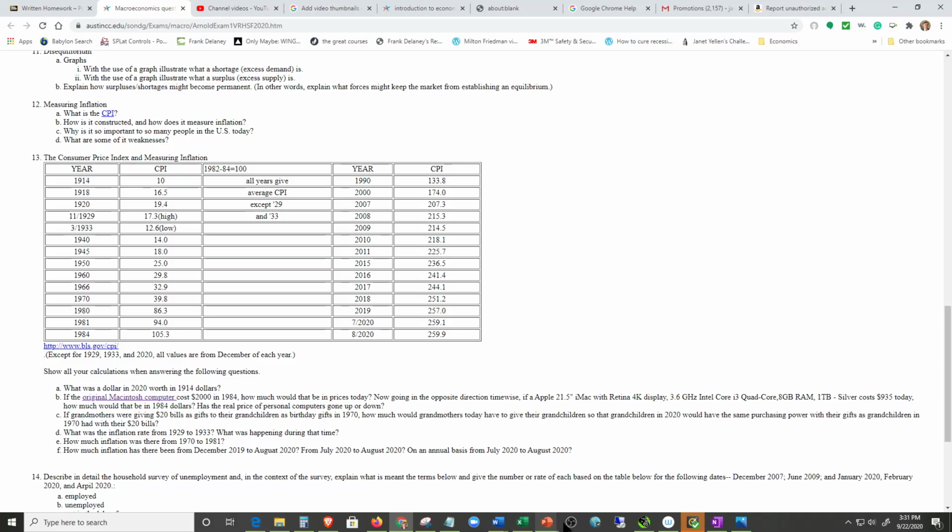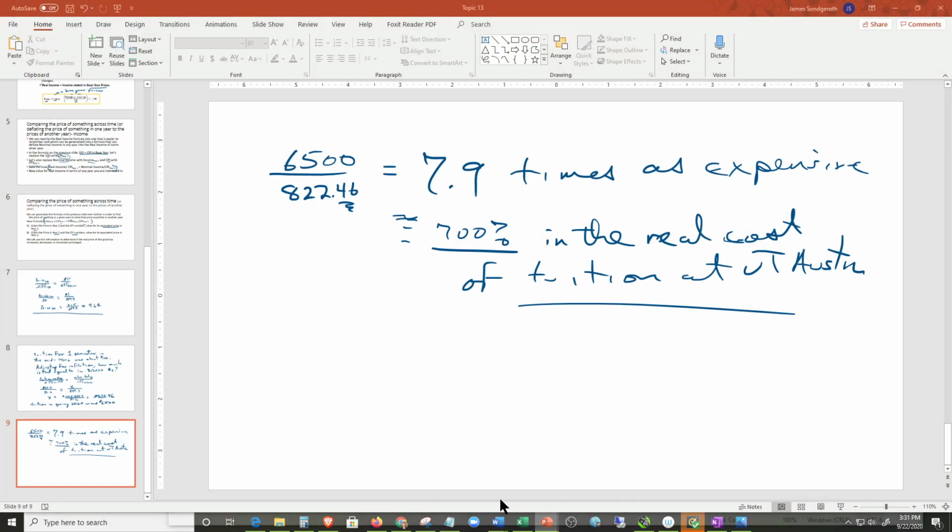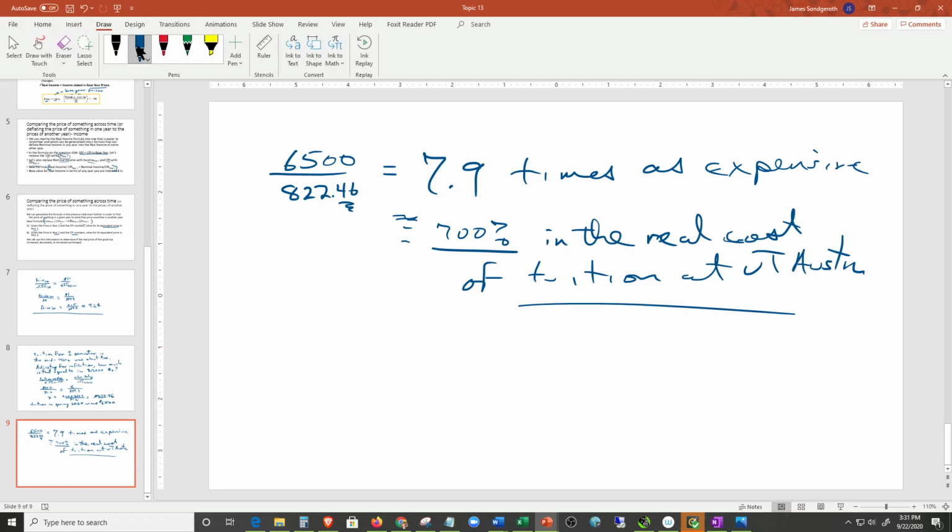And here we'll come back to my PowerPoint and we'll draw a red line here separating the two.